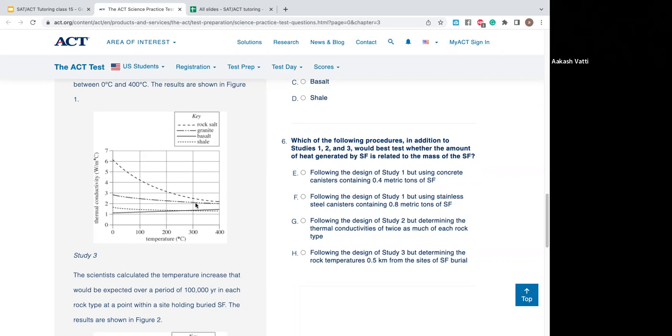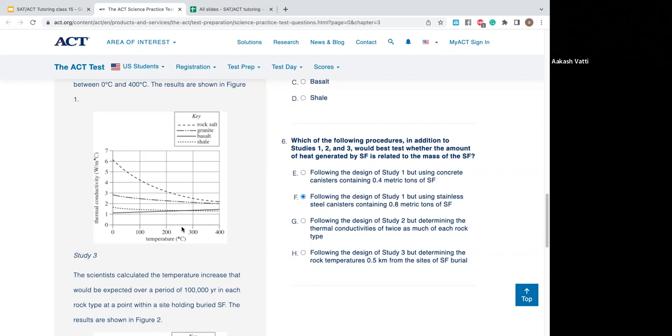The answer is F. And the reason for this is because to determine whether the amount of heat generated by SF is related to the mass of the SF, the heat generated by the SF should be determined as the mass of the SF is varied.